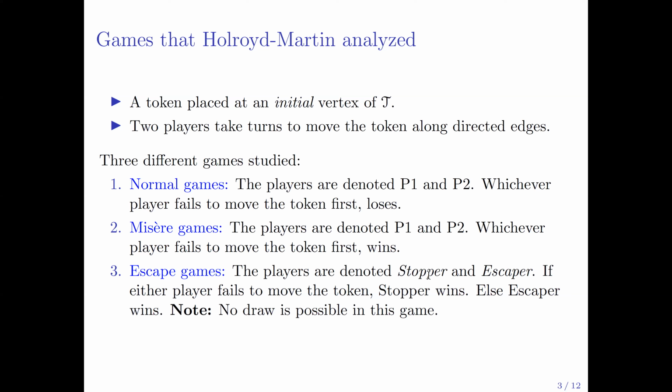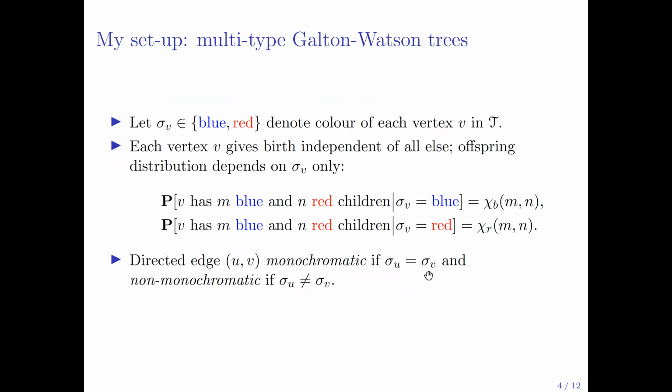Okay. So now I talk about my setup, which is quite a bit more complicated. In the paper, of course, I talk about a more general setup where the multi-type Galton-Watson trees can have many different classes of vertices. But here, for the sake of the talk, I'll talk about only bi-type Galton-Watson trees, meaning that every vertex V has a color or a label associated with it.